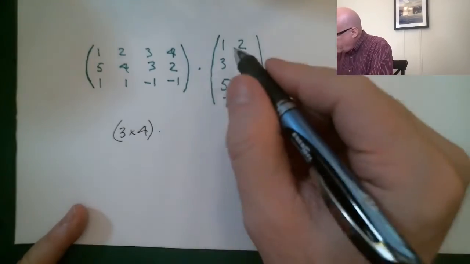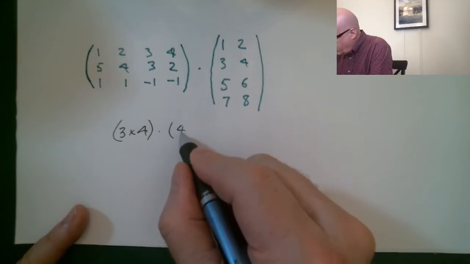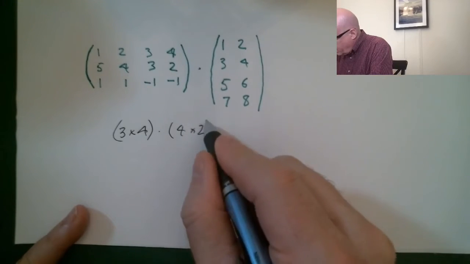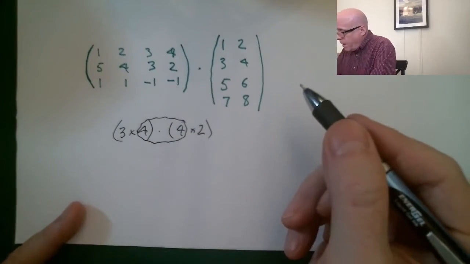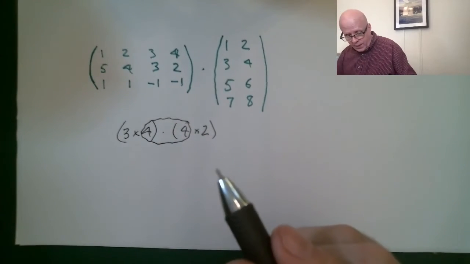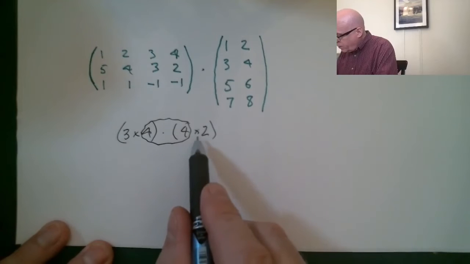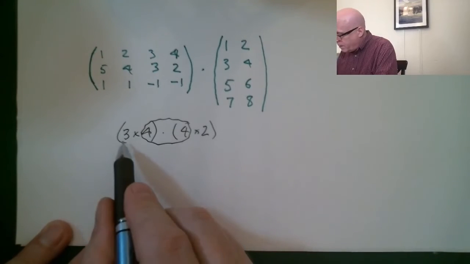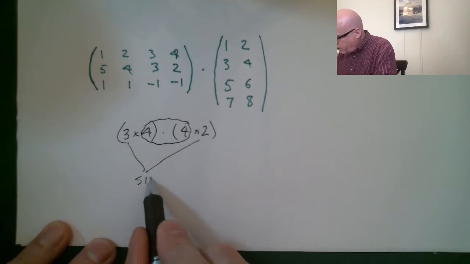And the second matrix has 4 rows and 2 columns, so it's a 4 by 2. And you see how the inner dimensions match, 4s in both of them. An interesting point, actually, that I elided before, but now you're ready to see this, is that the outer numbers also tell us something. These guys, the 3 and the 2, that's the size of our answer.